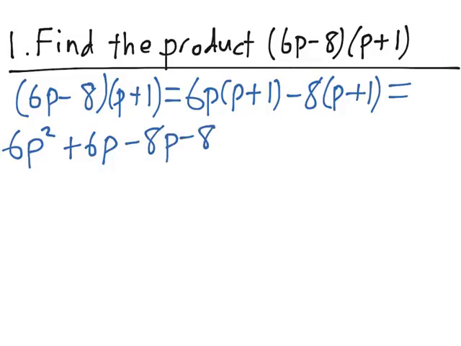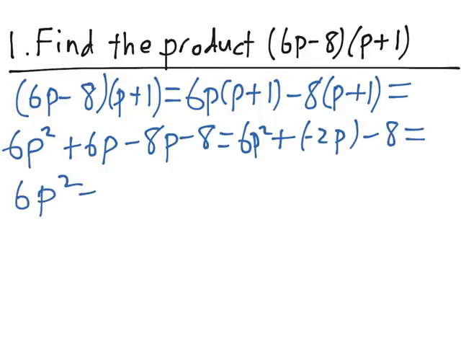There are two terms with just p in it, so we still need to simplify this. And we'll get 6p squared plus (6 minus 8) times p, so minus 2p minus 8, which is just 6p squared minus 2p minus 8.